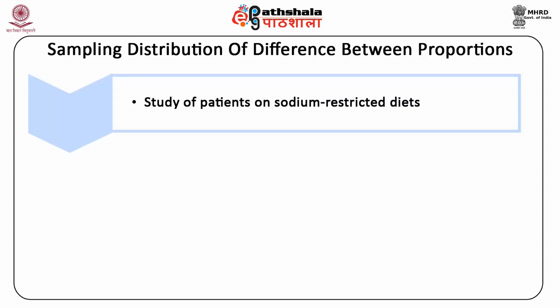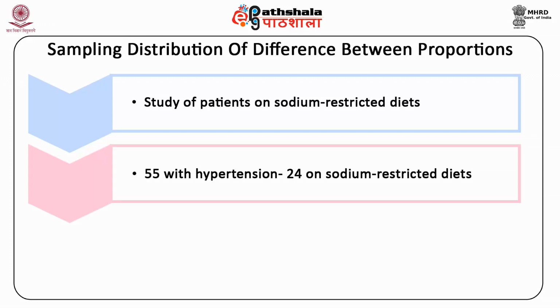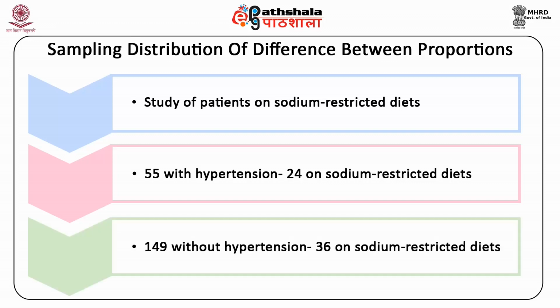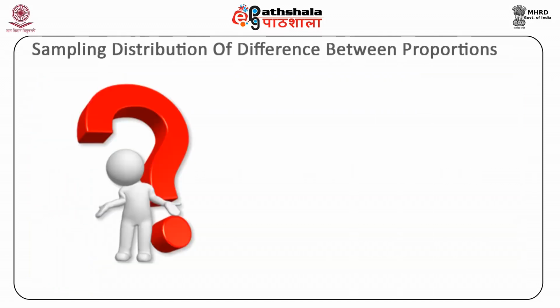In a study of patients on sodium-restricted diets, 55 patients with hypertension were studied. Among these, 24 were on sodium-restricted diets. Of 149 patients without hypertension, 36 were on sodium-restricted diets.